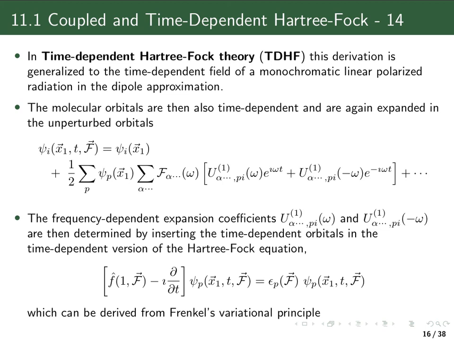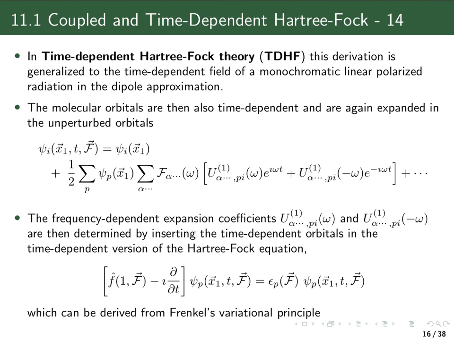Since we are now in the time-dependent case, we need a time-dependent version of the Hartree-Fock equation. And they can be derived, and they look like this. They differ from the normal Hartree-Fock equations in that there's an additional term to the Fock operator, which is just the time derivative. Now, starting from this time-dependent version of the Hartree-Fock equations, we can do precisely the same procedure as we have done for the time-independent case.